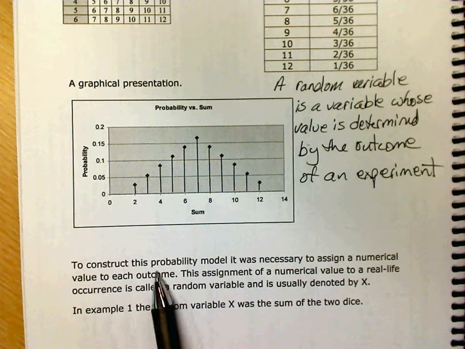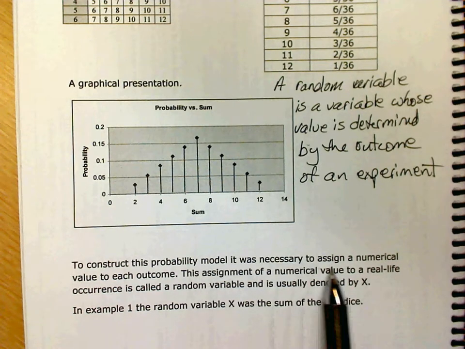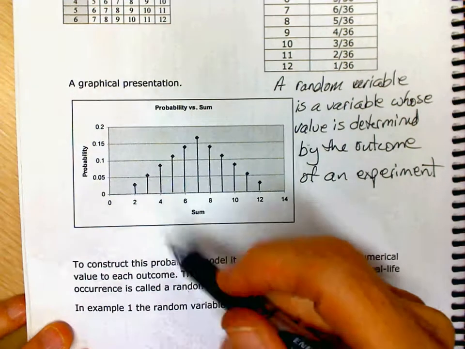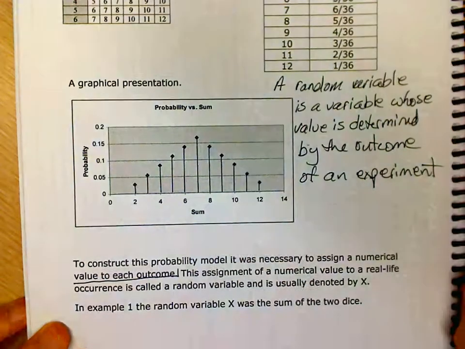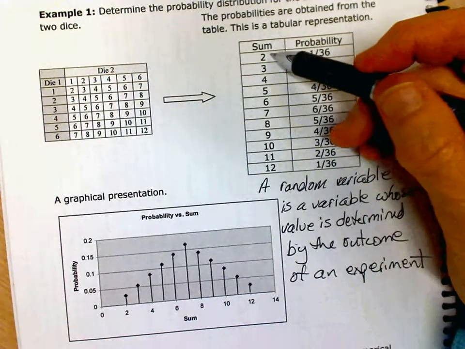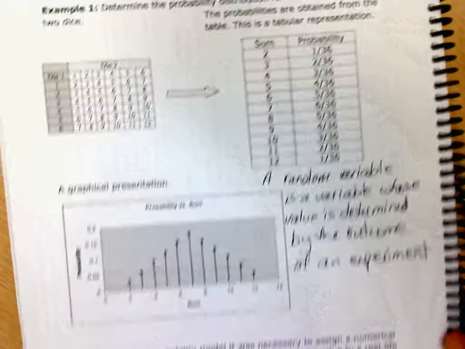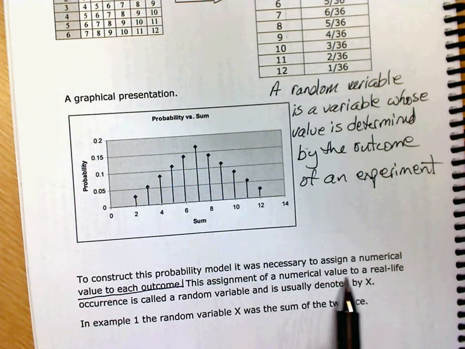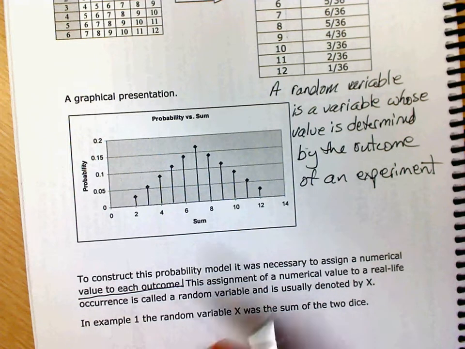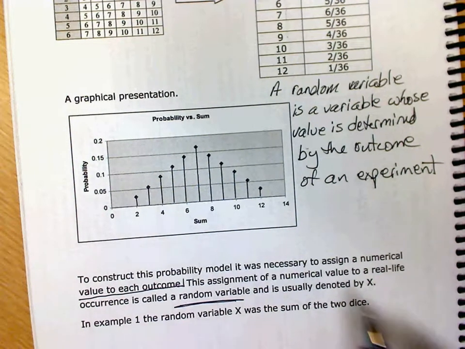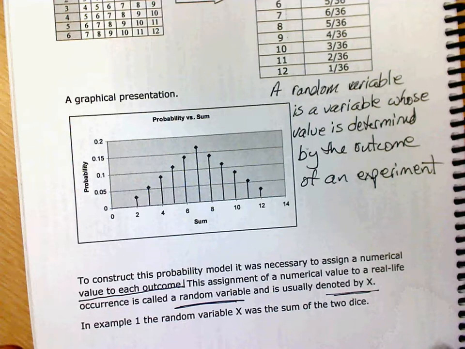To construct this probability model, it was necessary to assign a numerical value to each outcome, right? So there's the numerical value to each outcome, 2 to 12. This assignment of a numerical value to a real-life occurrence is called a random variable and is usually denoted by x.